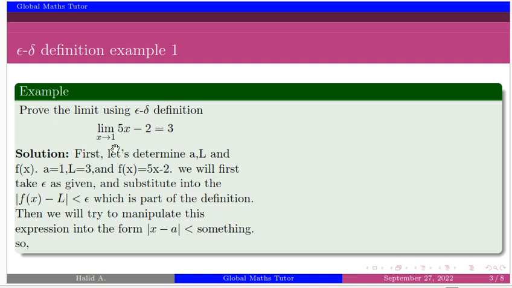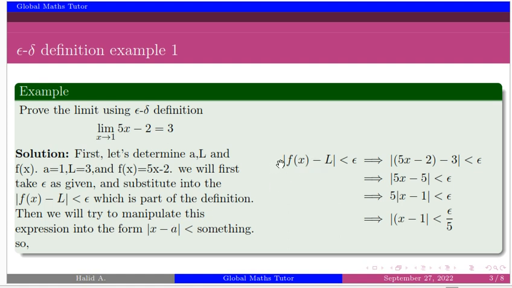To prove this we have to find delta. That's the final goal. Our goal is to start from absolute value of f of x minus L less than epsilon, assuming epsilon is given, and then finally find delta such that it satisfies this. Then we can rewrite the limit as backward expressions. Let's do that.